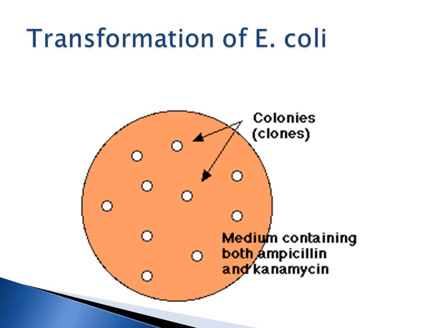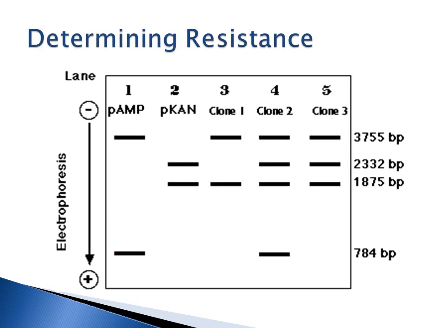So any E. coli colony that you see on that plate most likely contains your chimeric plasmid, or else the E. coli would not have been able to grow in the presence of both ampicillin and kanamycin.